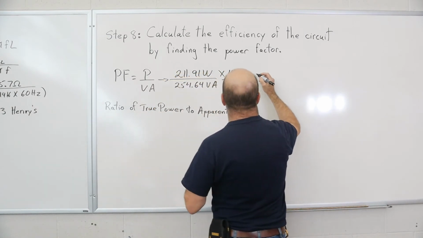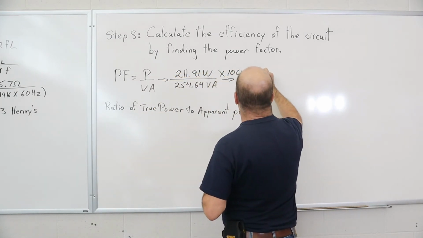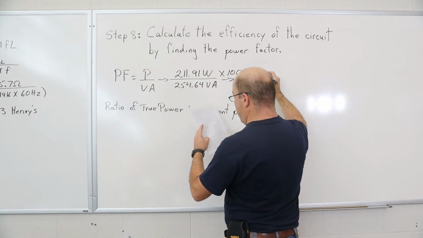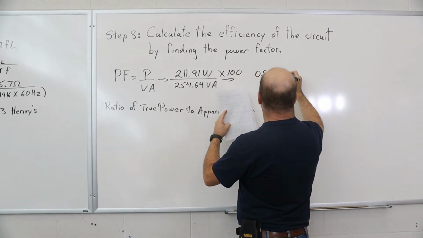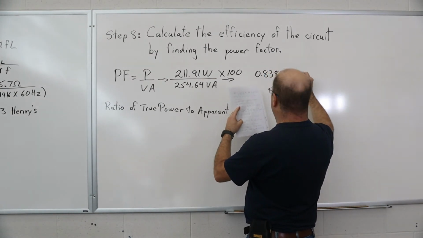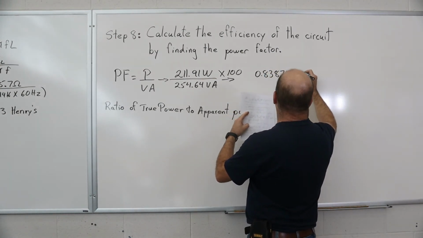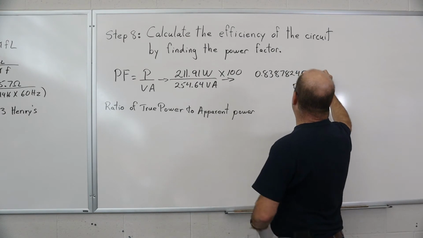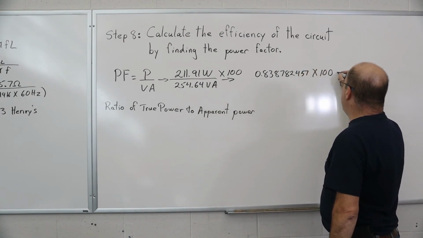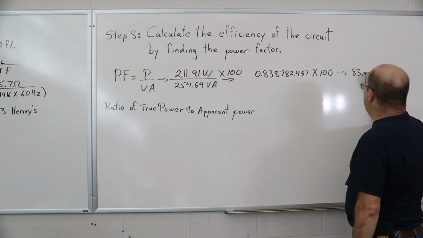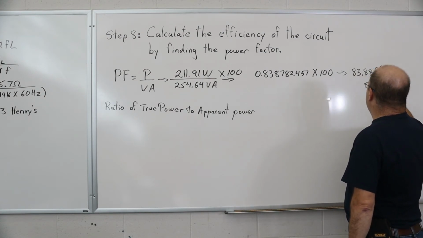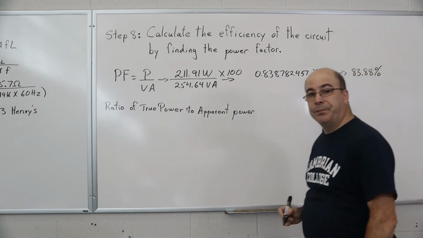You should end up with 0.8387825457 multiplied by 100, and your expression should be 83.88%.